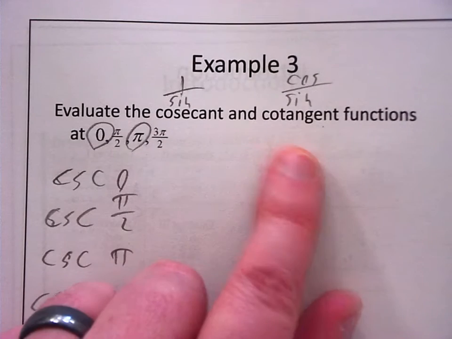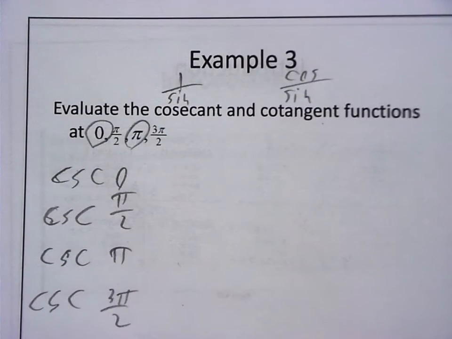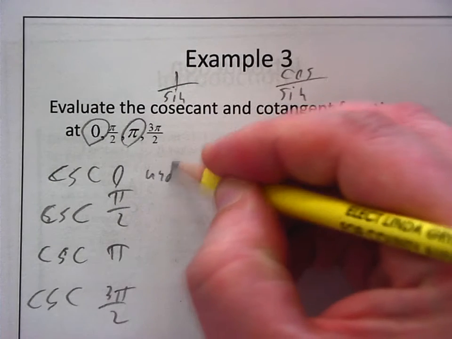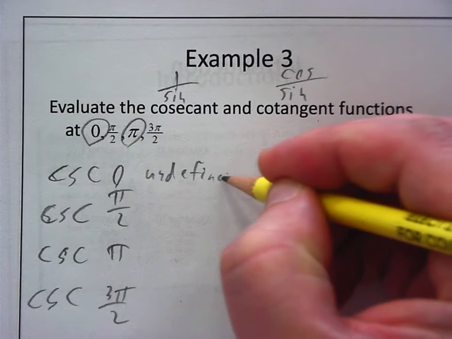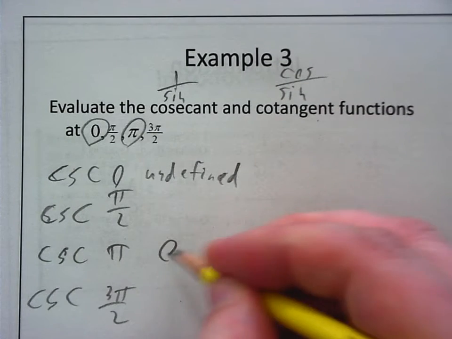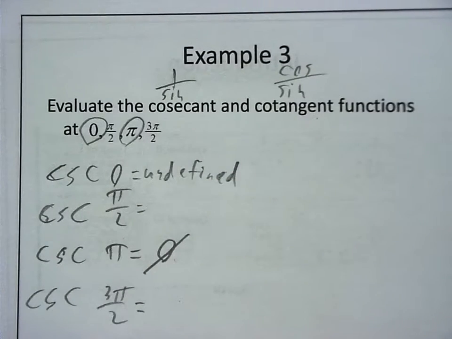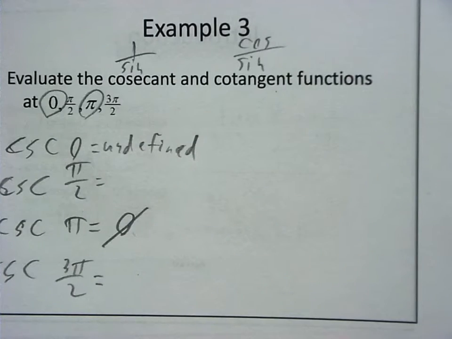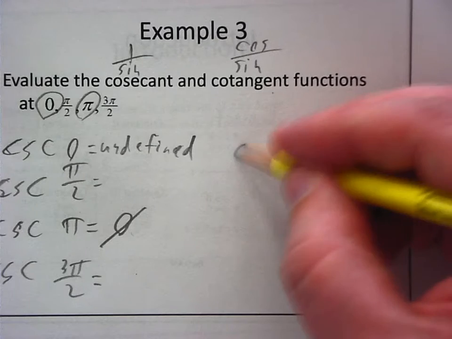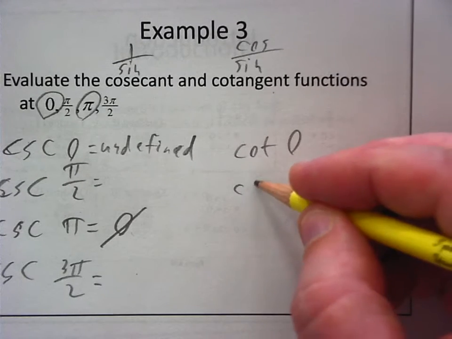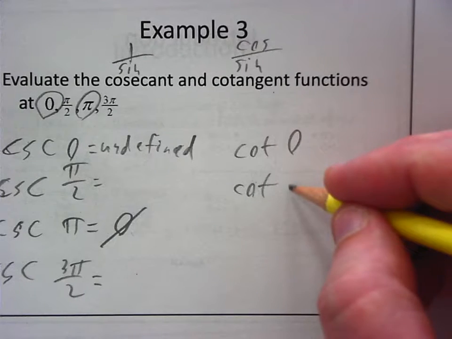And since this is divided by sine, what's going to be cosecant of 0? Undefined. That's the word for it. You could also do that empty set thing, same idea. Solution does not exist. Then for cotangent, it's going to have the same exact undefined parts.